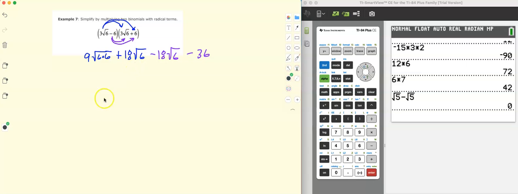Now I'm trying to simplify this more. If you do the math, you'll see that you can add these together because they both have the same number under the radical. But they're basically going to cancel out because they're opposites. One is positive and one is negative. And you guys can try me on that.